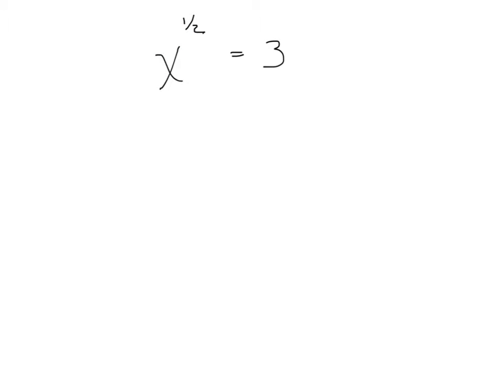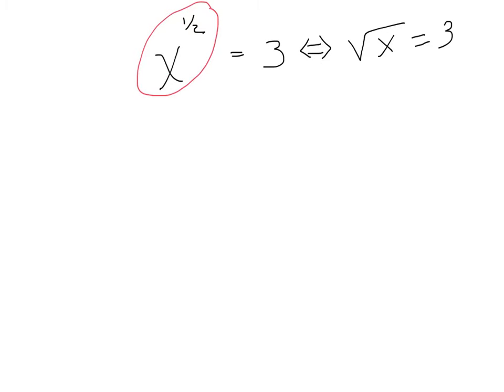So ultimately, x to the 1/2 equals 3 is the same as saying square root of x equals 3. These are the same exact equation, just a different way of writing it. We need to get used to seeing these fractional exponents, especially as we get into logs. But these are the same, and you can handle them the same way.